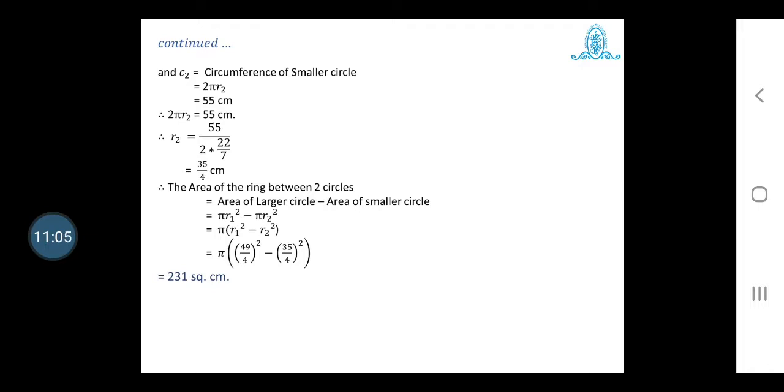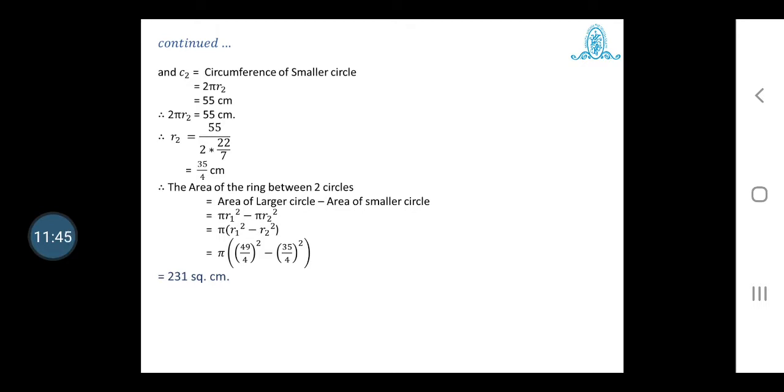Again transfer this denominator of denominator to numerator, it becomes 55 into 7. But if we divide 22 and 55, as 11 2s are 22 and 11 5s are 55, then it becomes 5 into 7, because denominator 7 goes to numerator, it becomes 7 into 5. So 7 5s are 35 and denominator becomes 2 into 2, which is 4. So the value of R2 is equal to 35 upon 4 centimeters.